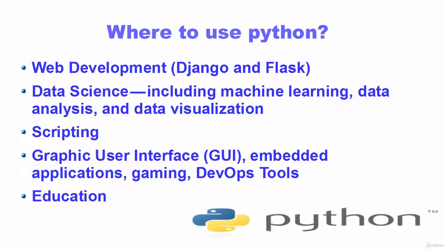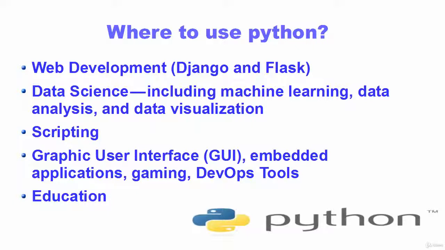So where can you use Python? Because Python is a general purpose programming language, it is used in many web development frameworks. For example, Django and Flask recently became very popular for web development. Now, Python is also widely used in scientific computing, data mining and machine learning. And continued growth and demand for machine learning developers may be driving the popularity of Python.